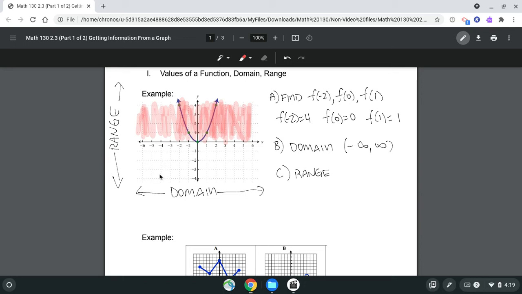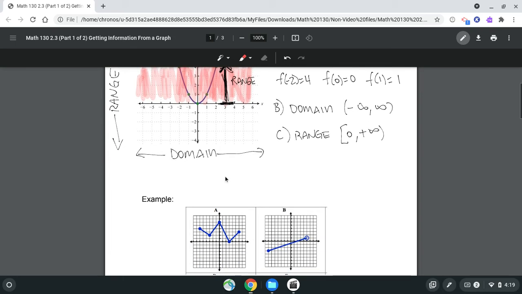So our range is going to be everything from here on up. From here all the way up is our range. So we would say from 0 to positive infinity. Most of the time I use positive infinity. You don't have to. It's just a habit I'm trying to break.